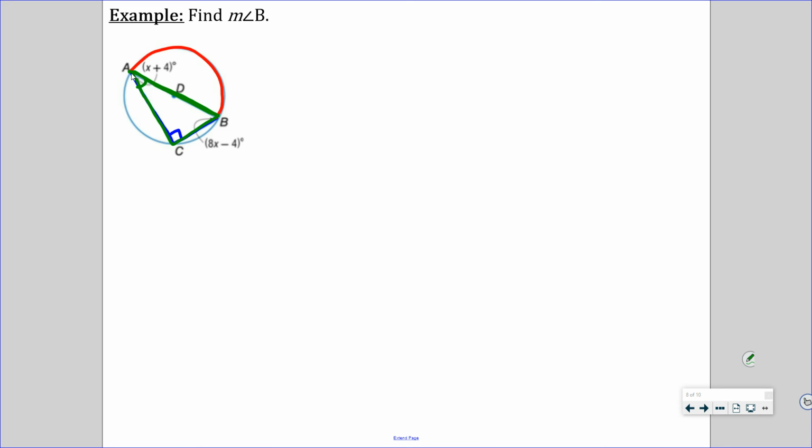I have angle A, which is x plus 4. I have angle B, which is 8x minus 4. And then I have angle C, which is a right angle. So two ways we could set this up. You could do all of these angles have to add up to how many total degrees in this triangle? 180, or these two have to total 90. Whatever we want to do. I'm going to do it as 90 so you can remember that this is just a triangle.